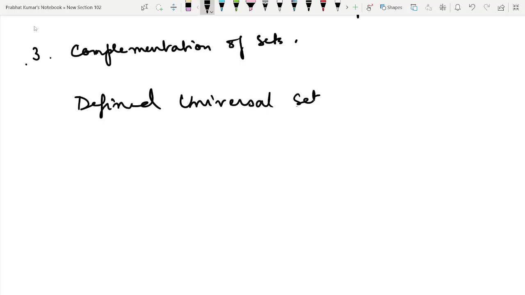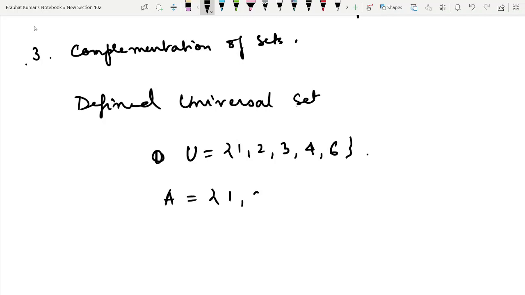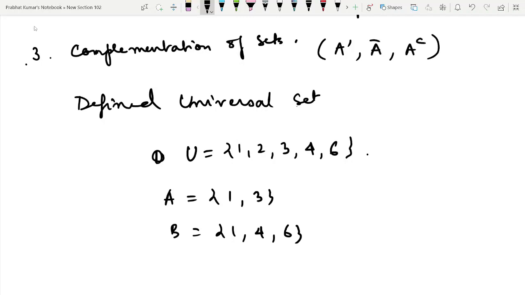So let's say our universal set U is 1, 2, 3, 4 and 6, right? Under this set, A is 1, 3 and B is 1, 4 and 6. The complement is denoted like A complement or A prime, and A power c is also another notation, right?